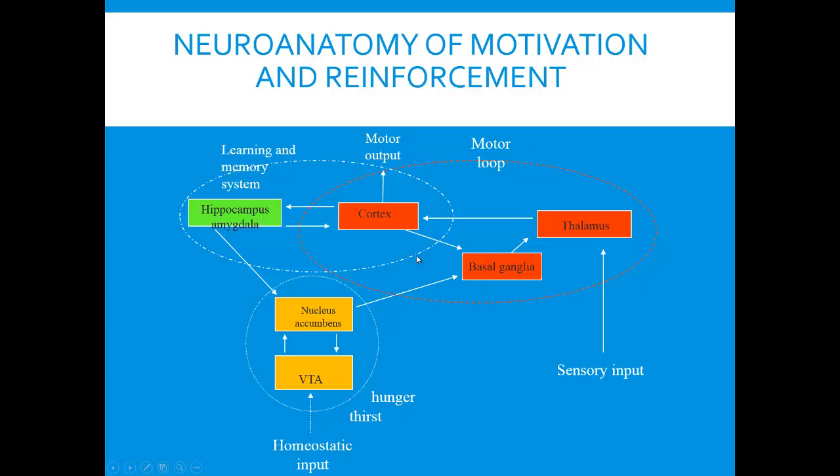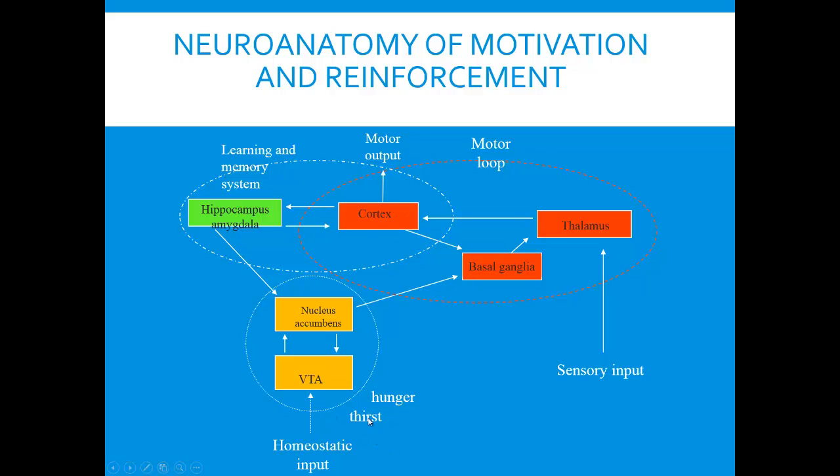Okay, you'll see that some of the brain regions that are included in the limbic system, other than the nucleus accumbens, the VTA, include the hippocampus, which is involved in learning and memory, the amygdala, which is involved in emotion and emotion regulation, and we have the cortex, which is involved in integrating sensory information.